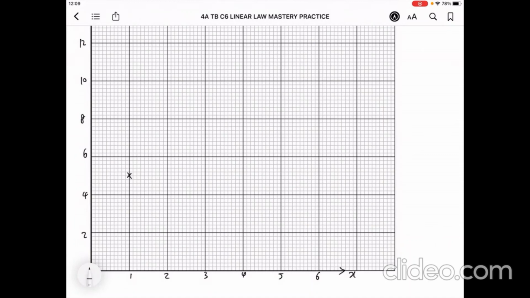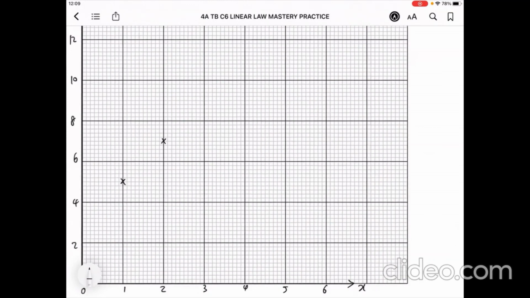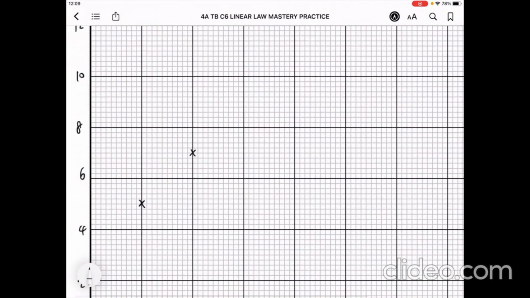Second point is 2 and 7. 3 and 9.3. You can read 9.3, it is in between 9.2 and 9.4. 9 is over here, 9.2 will be here, 9.4 will be here.